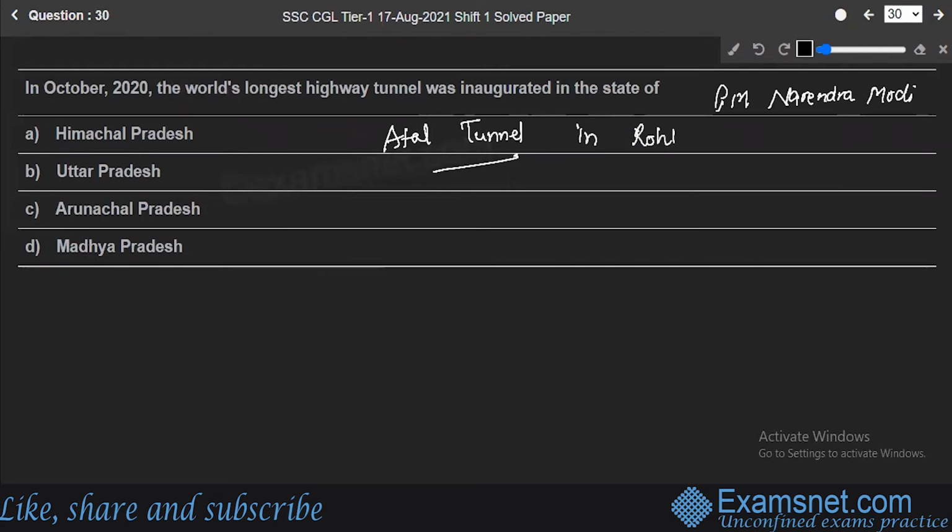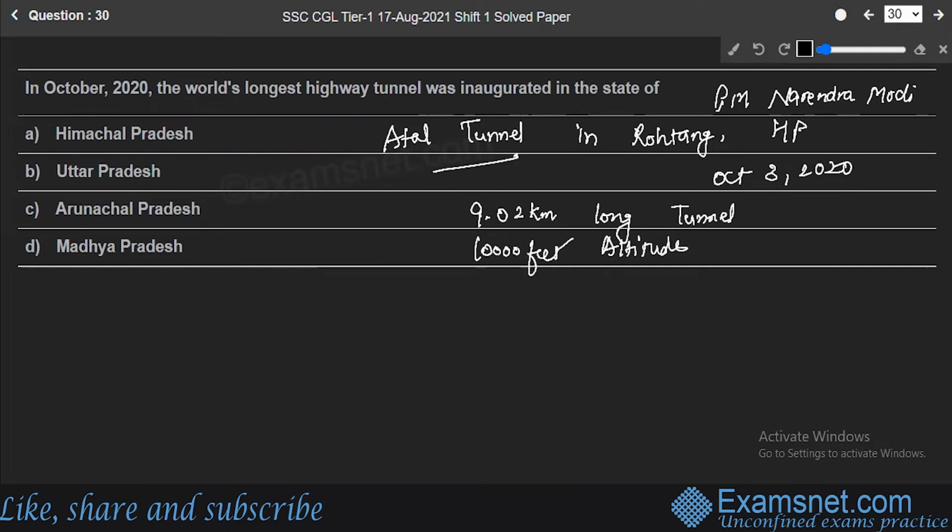This is in Himachal Pradesh. This was done on October 3, 2020. It is a 9.02 kilometer long tunnel with an altitude of 10,000 feet.